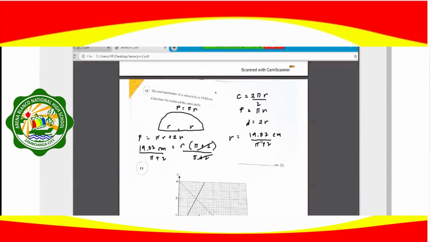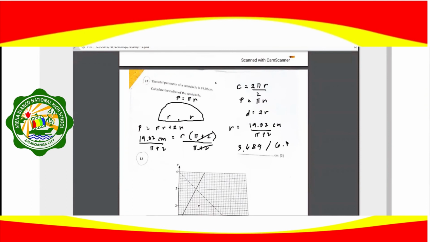Yes. So what is your answer? 3.7 centimeters or 3.69. Okay, so you will have r is equals to 3.689 or 3.7, right? Okay, kindly copy.